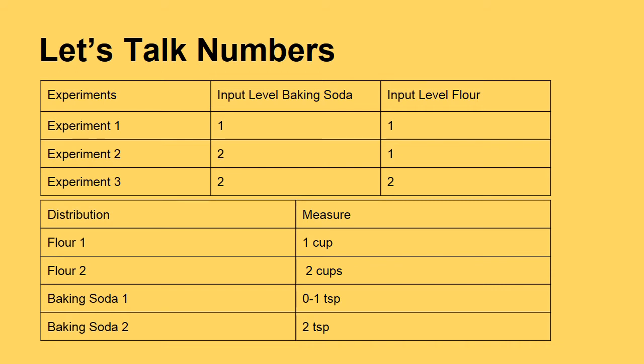For flour, 1 represents 1 cup and 2 represents 2 cups. With the baking soda, we had a little problem, so we had to fudge the measurements a bit: 1 represents 0 to 1 teaspoons of baking soda, and 2 represents 2 teaspoons.